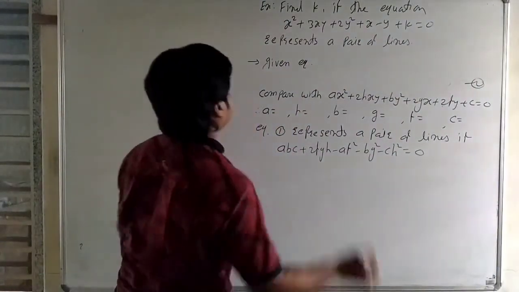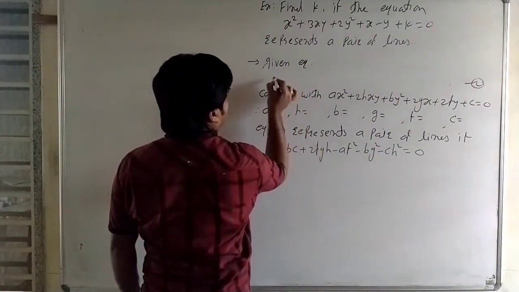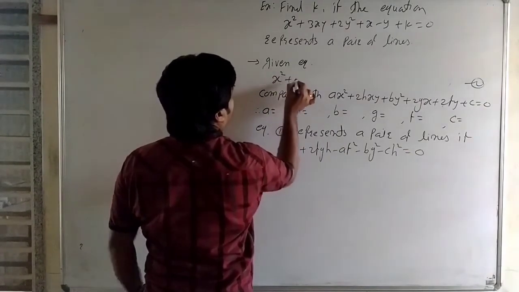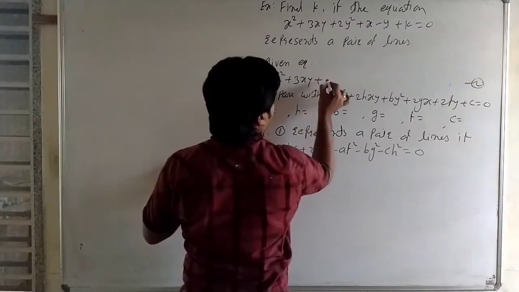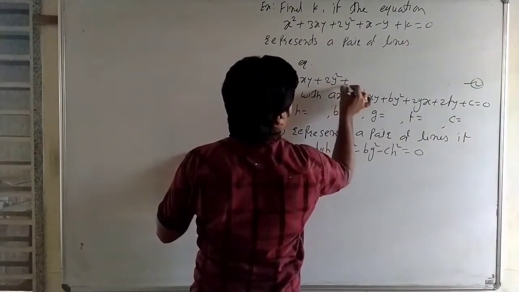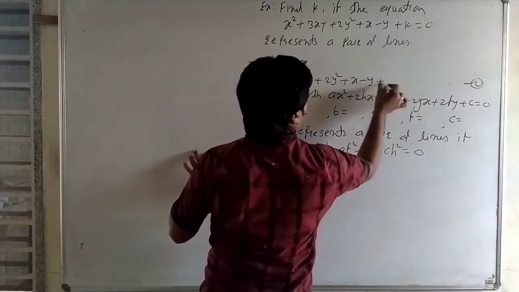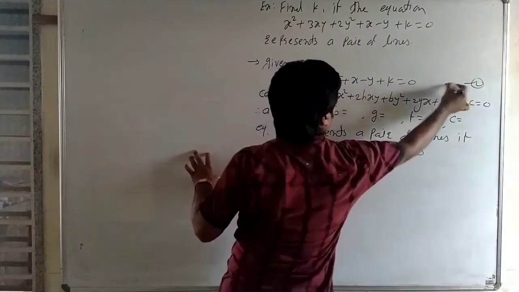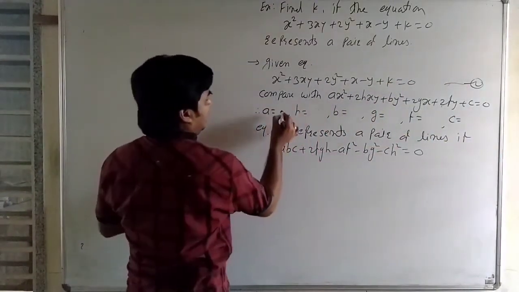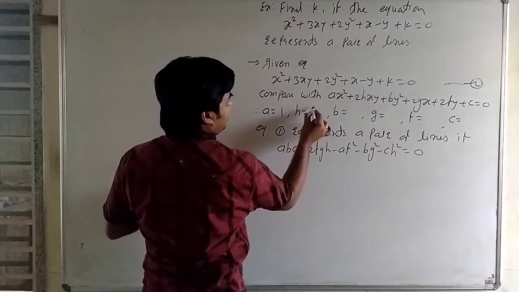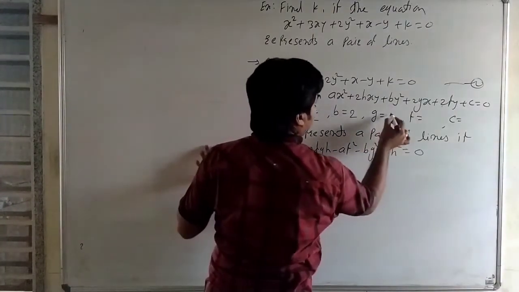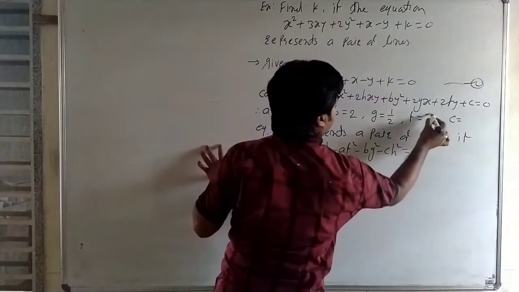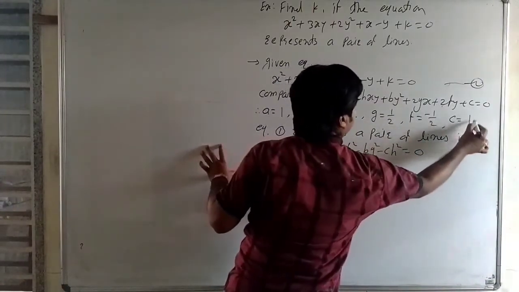Then find the value of k. Therefore, the given equation x square plus 3xy plus 2y square plus x minus y plus k is equal to 0. It is equation number 1. Now, a is equal to 1, h is equal to 3 by 2, b is equal to 2, g is equal to 1 by 2, f is equal to minus 1 by 2 and c is equal to k.